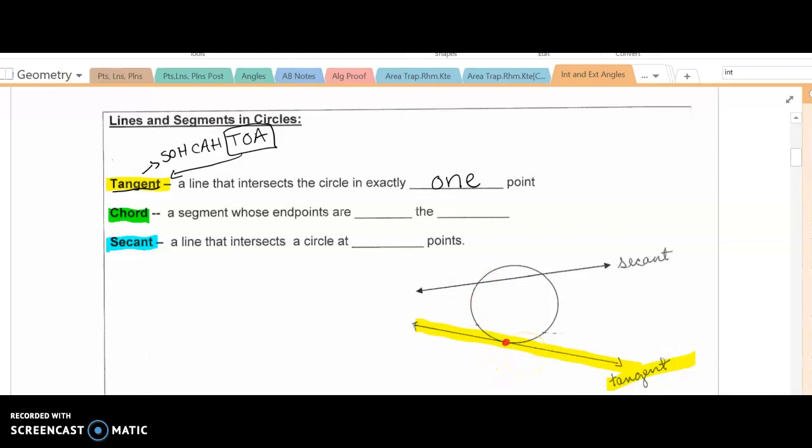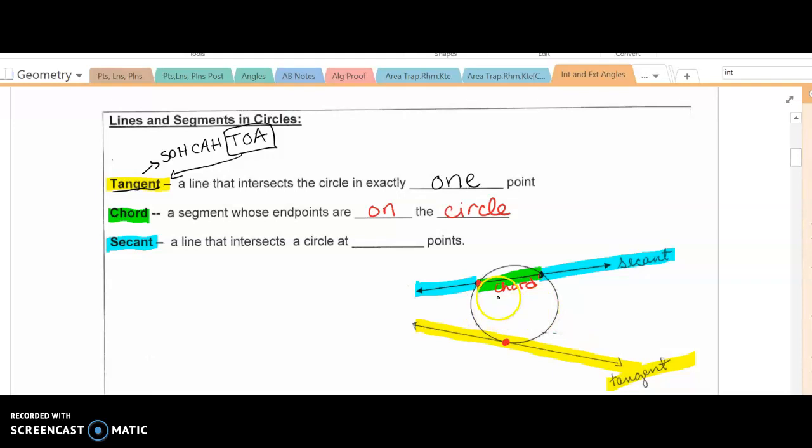Okay, then you have a chord. A chord is a segment whose endpoints are on the circle. We talked about that the diameter is a type of chord, right? It goes all the way through the circle, endpoints on both ends. And then notice that a chord is part of a bigger line called a secant. Maybe not the whole secant is shown every time.